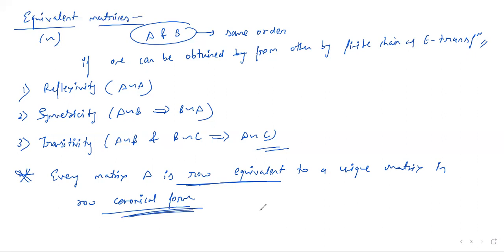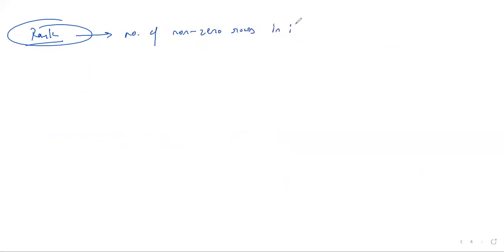Now if we look into the rank part here, we covered the rank concept in earlier lectures also. In the echelon form of a matrix, the number of non-zero rows is its rank.